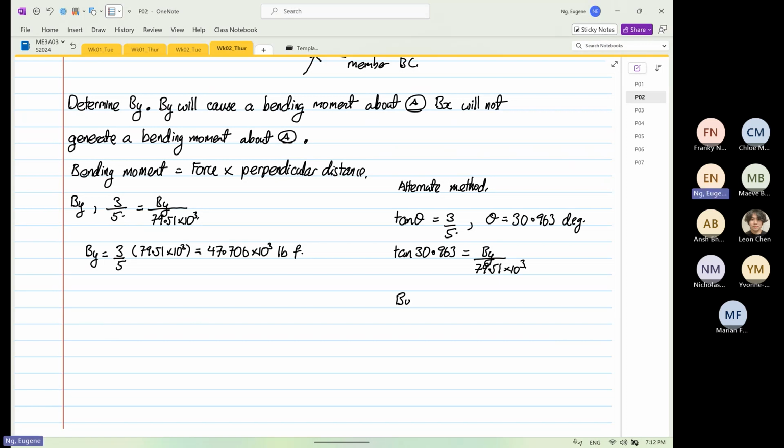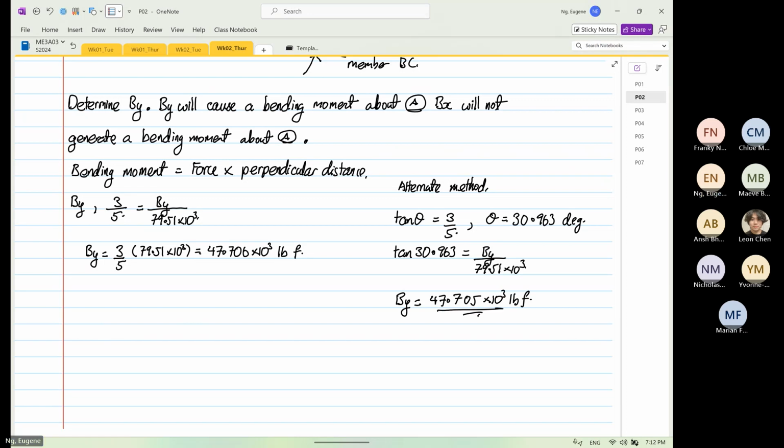So from here, By, tangent 30.963 times 79.51 times 10 to the power 3 is also equal to 47.705 times 10 to the power 3 pound force.